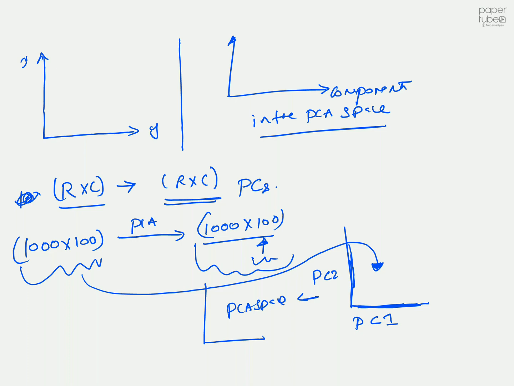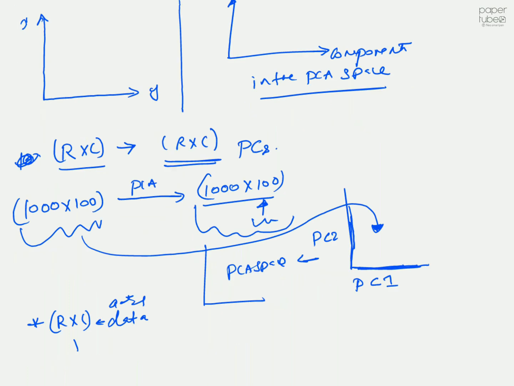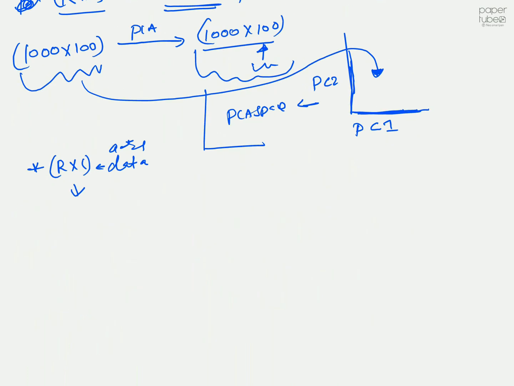And then how to get the principal components? So we have to follow some rule. So the rule is, you take the actual database, row into column, that's your original data, or you can call actual data, and then obtain the covariance matrix of the actual data set, which is row into columns.